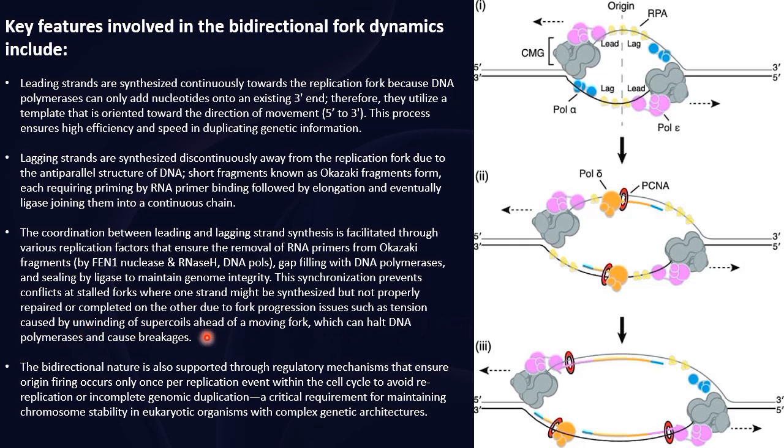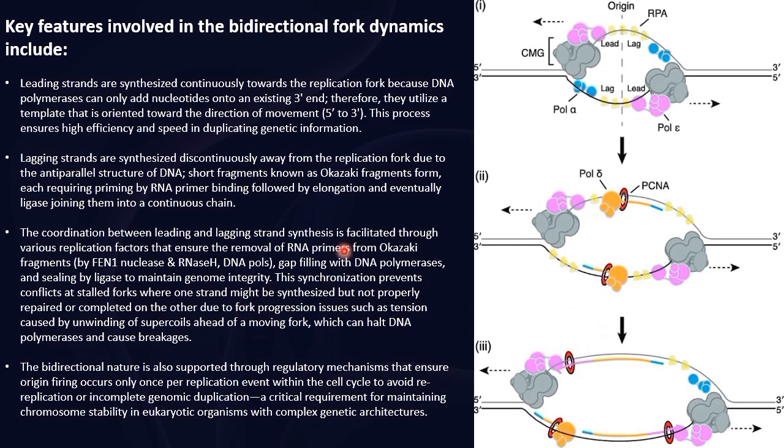This particular problem, the unwinding of coils ahead, creates a tension which can halt DNA polymerases and cause breaks. It is solved by the topoisomerase enzymes, which generate negative supercoils in order to release the tension.